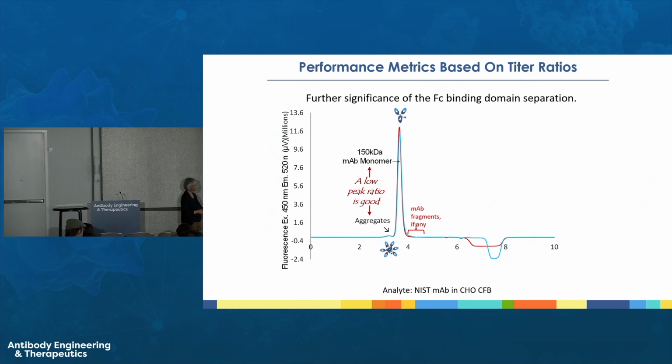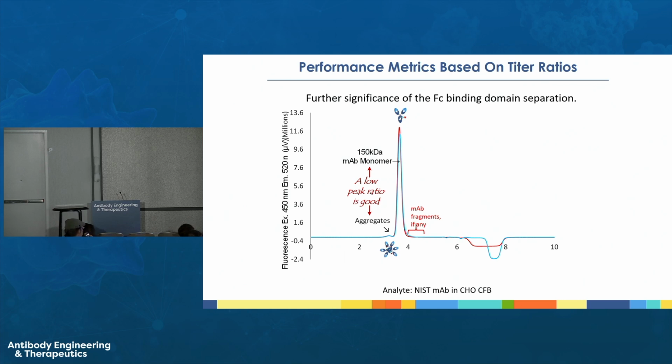There's a lot of information you can actually get from this chromatogram. The total area under the curve here would be the titer. The relative area of the aggregate to the main peak would give you the aggregate content. Fc fragments, if any, will elute here. They're usually between 25 and 50 kilodaltons if they have Fc.